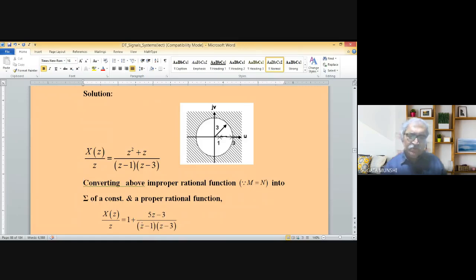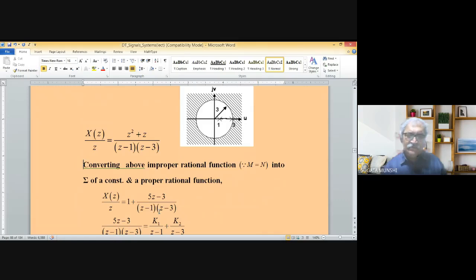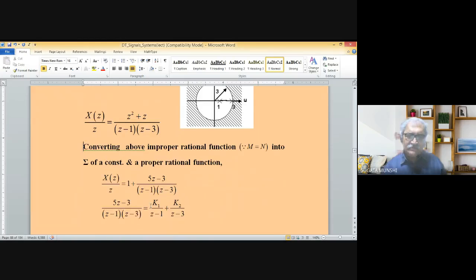Because this is a proper rational function, you can expand the second term on the right hand side in terms of partial fractions. Once that is done, your job is clearly over. That can be a straightforward task. Express it as k1 by z minus 1 plus k2 by z minus 3.